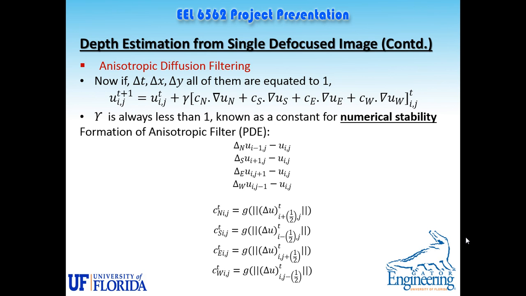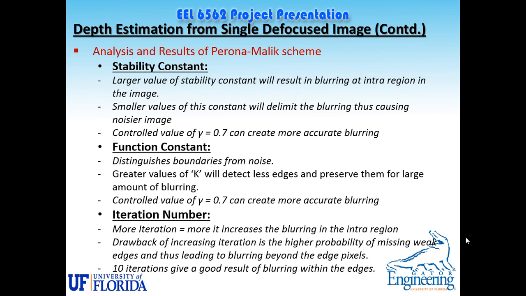The constant gamma over here is really important to our topic. The value of gamma should always be less than 1. It is also known as the numerical stability, and we're going to discuss it in the next slide. And the following 8 equations are the partial derivatives, and they form the anisotropic filter PDE.